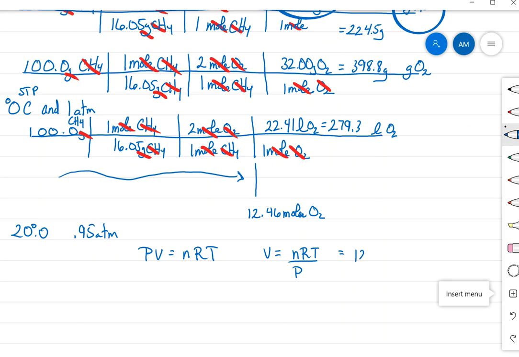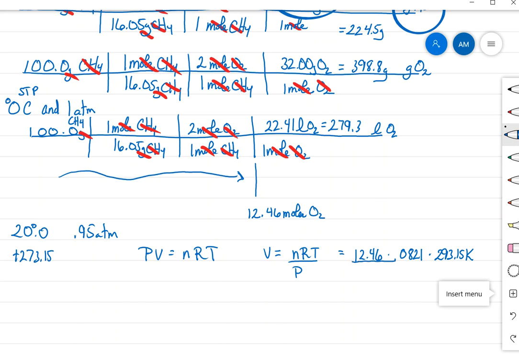And I know that this equals 12.46 times 0.0821, that's the gas law constant that's on your resource sheet, times, and then for 20 degrees, it'd be 293.15 Kelvin. Remember, you have to add 273.15 to this all the time when you're dealing with gases.